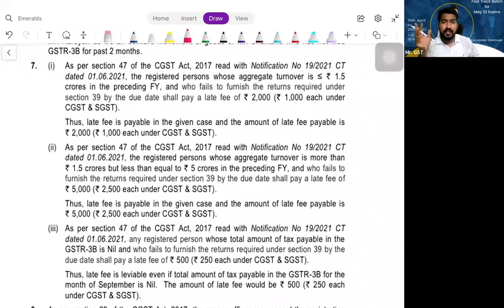If you are not able to recollect the section number in the main exam, you can straight away write: according to the provisions of the CGST Act 2017. If you are not even able to recollect the Act name also, God only should save.